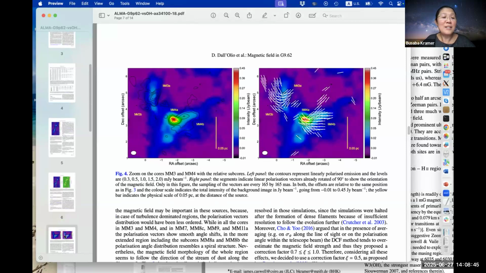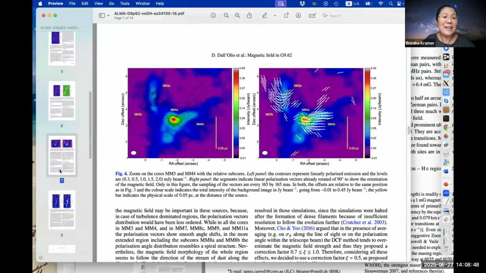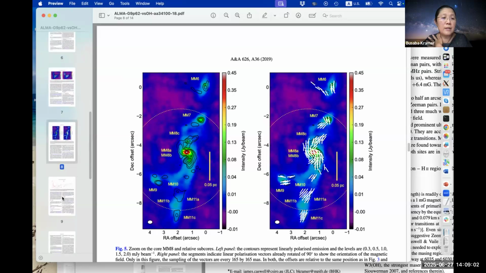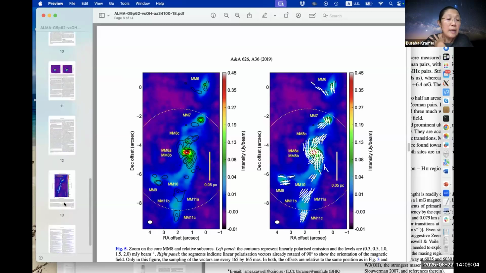Malcolm probably can tell us more about this later. For example, for this particular clump, they actually see the dust polarization traces this jet, so magnetic fields really trace the jet structure.